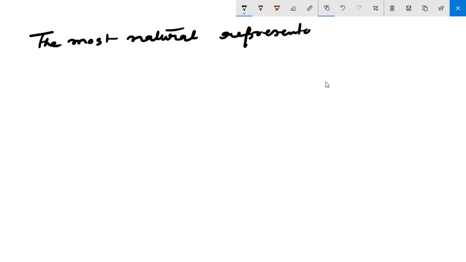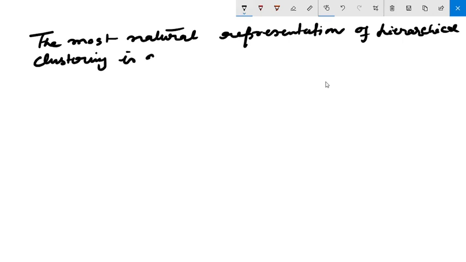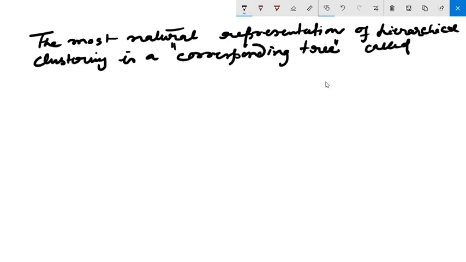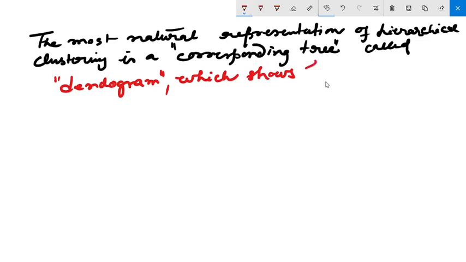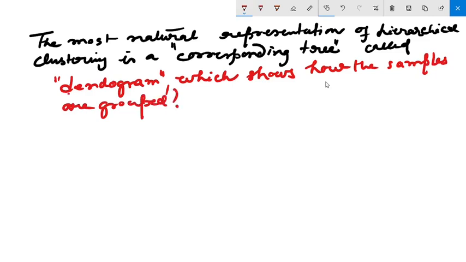That means how we are going to make the hierarchy using a corresponding tree called a dendrogram, which shows how the samples are grouped. Okay. This is what the representation is, dendrogram.